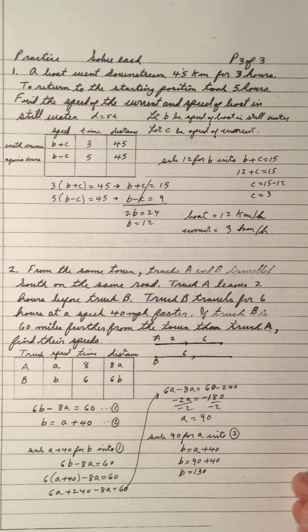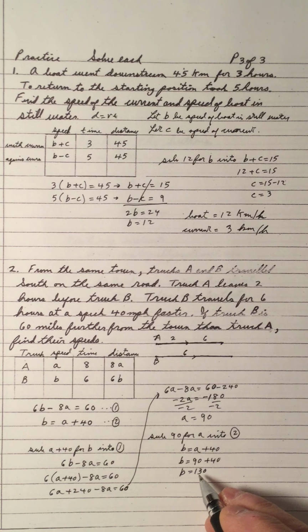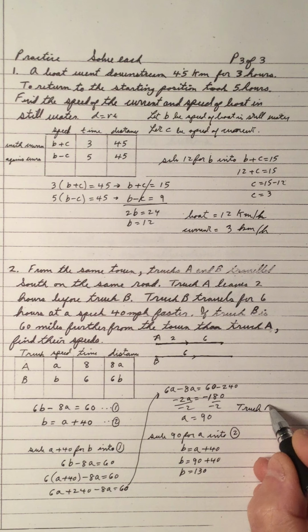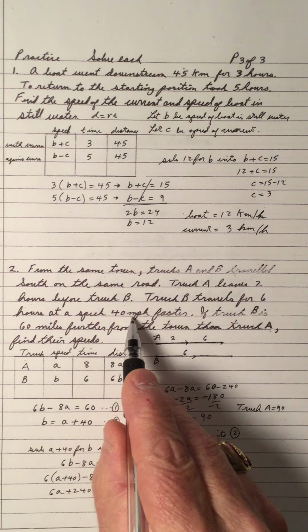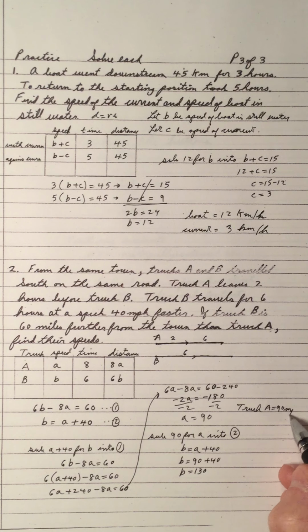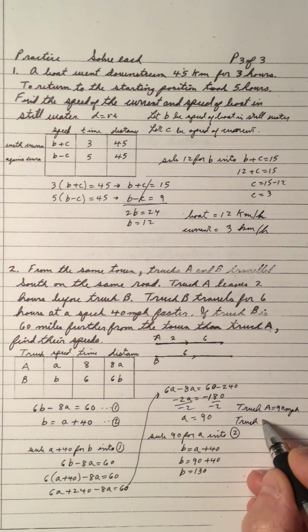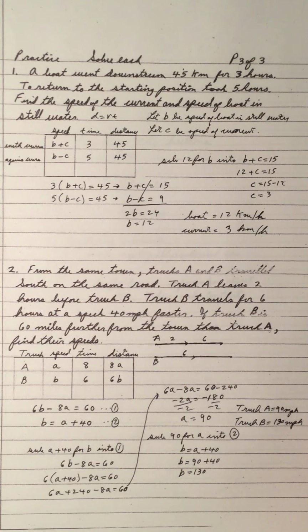We have two speeds: truck A is going 90 miles per hour and truck B is going 130 miles per hour. You could just say one truck is going 90 and the other 130.